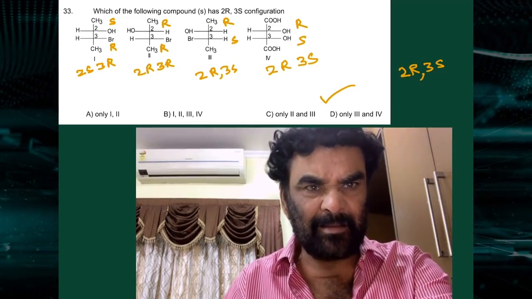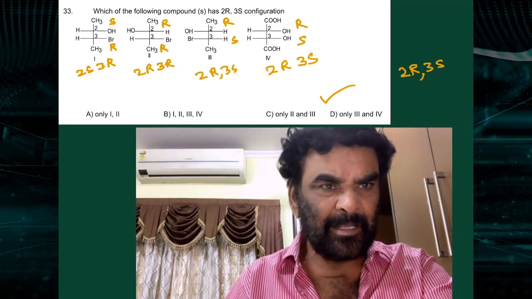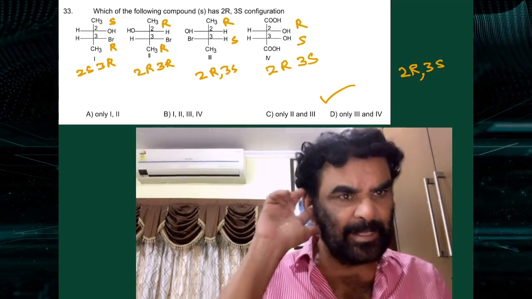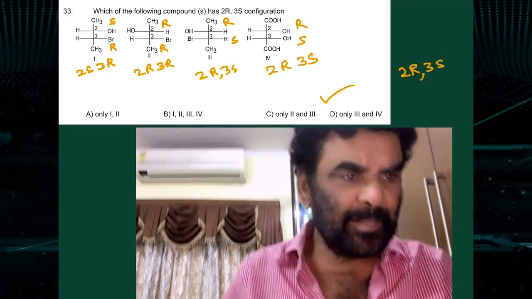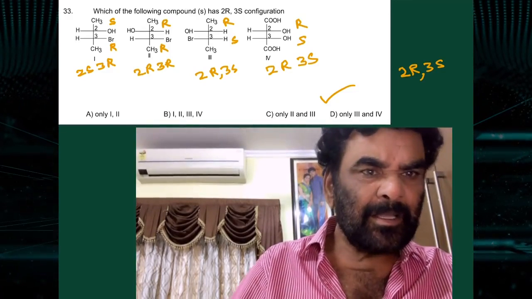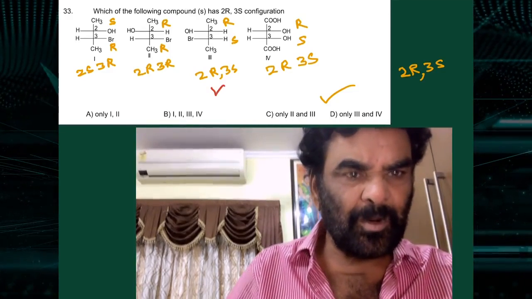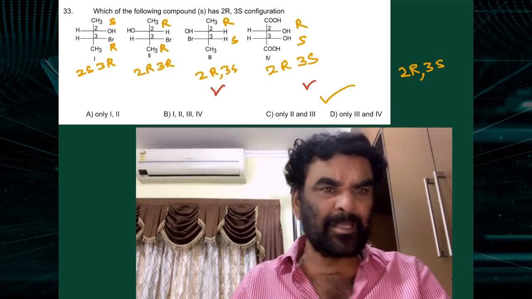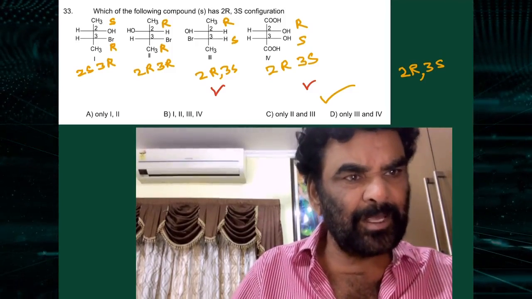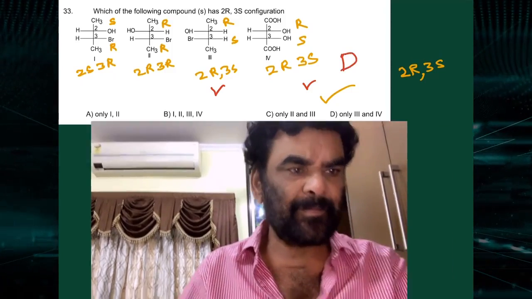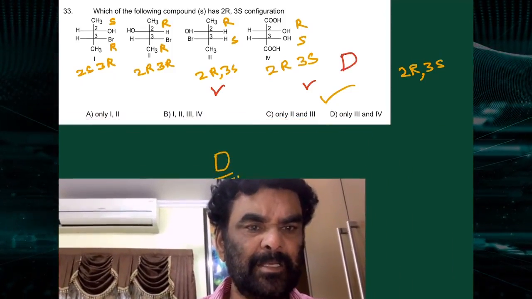This is SR. This is RR. This is RS. This is also RS. You check in the given molecule, you can find out. Therefore, that is 3 and 4. These two have the 2R, 3S configuration. Therefore, only 3 and 4. D is the correct option for it.